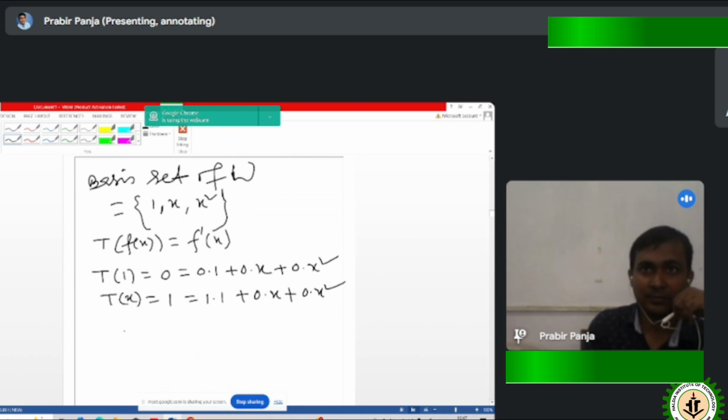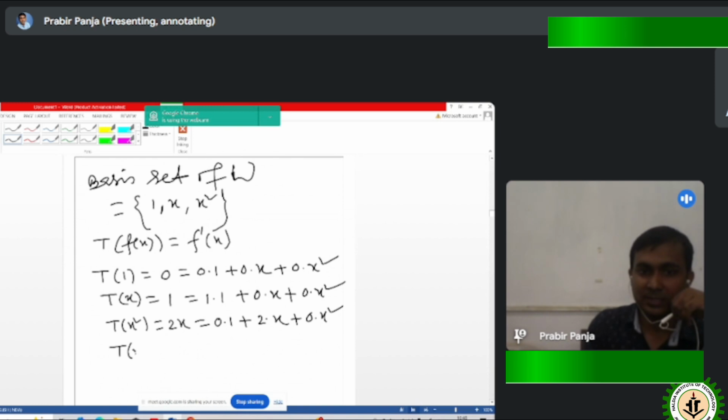Similarly, for the third element, x square, T of x square is 2x. We write 2x as a linear combination of 1, x, x square: 0 into 1 plus 2 into x plus 0 into x square.